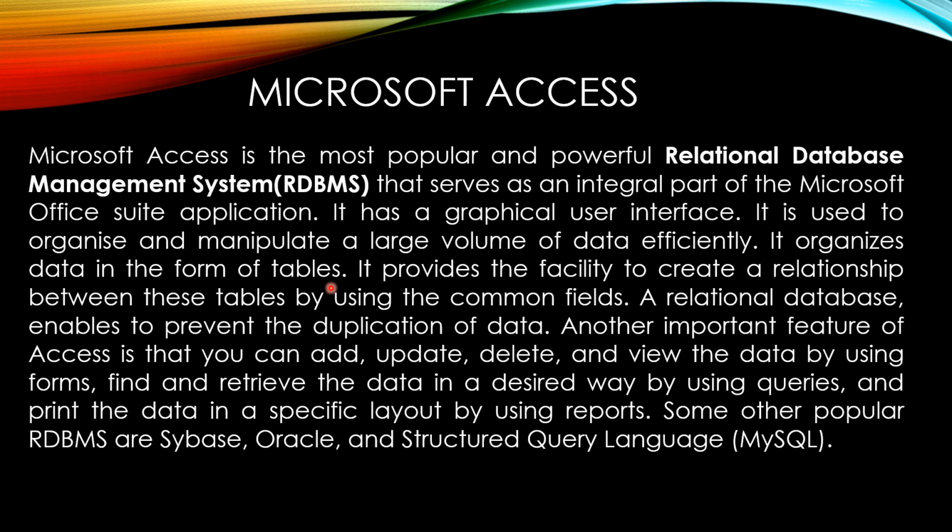So we can say that in Microsoft Access, data can be maintained easily in the form of tables, that is rows and columns. It provides the facility to create a relationship between these tables by using common fields. Again, we can see here that we are trying to create a relation between two tables with the help of common fields.